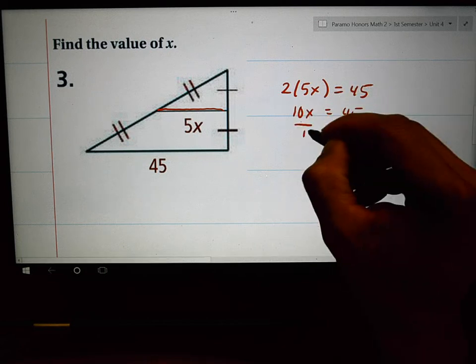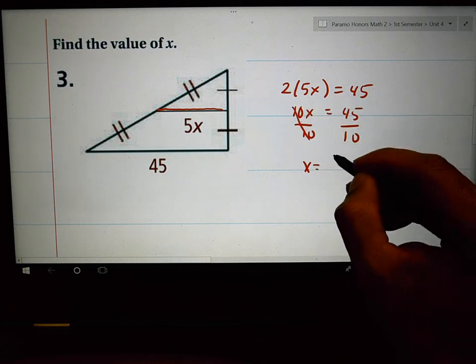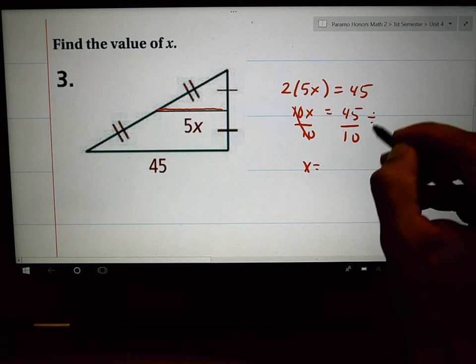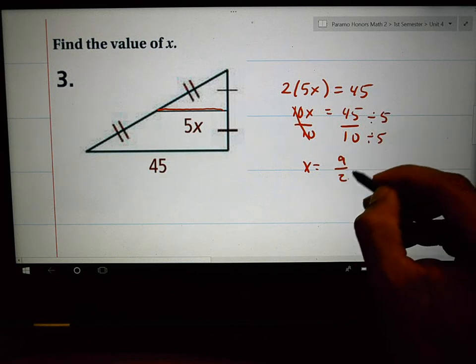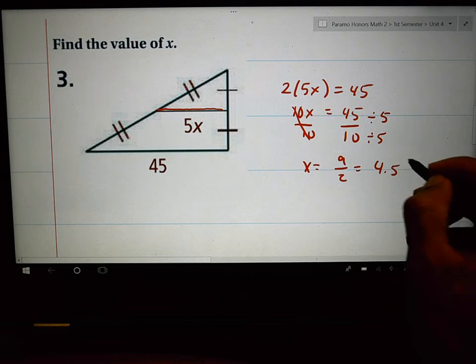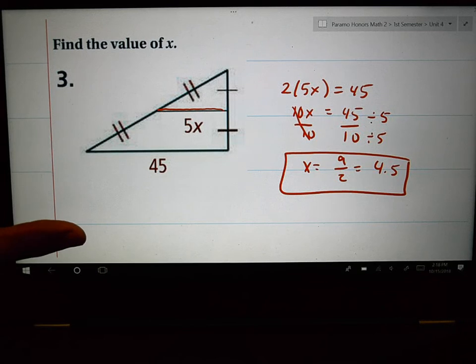And then you can divide by 10. I can divide or reduce by the number 5 into both. And I would accept either 9/2 or 4.5. Either one is correct. But it's fairly simple.